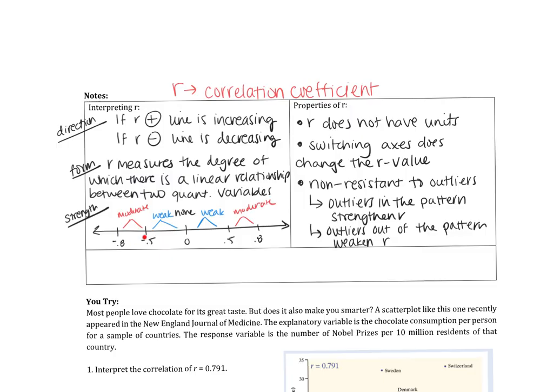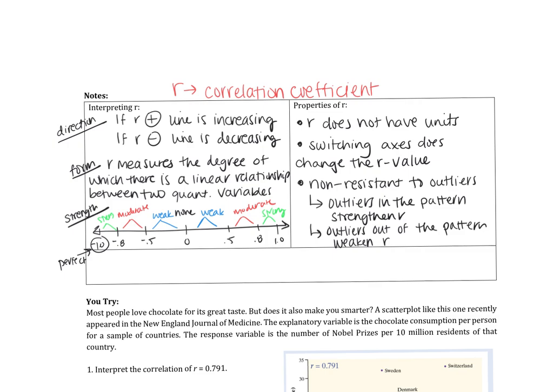So here we've got moderate negative, moderate positive, and then above positive or negative 0.8 up to 1.0, we have a strong linear relationship, positive or negative. And if you have a linear relationship of 1, either positive or negative, that's perfect.